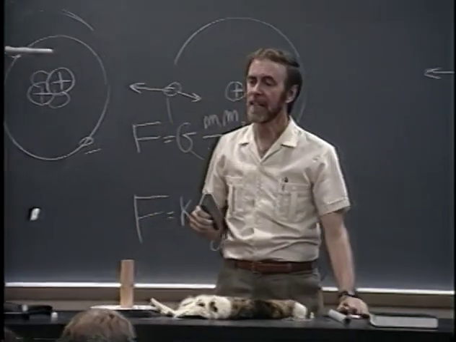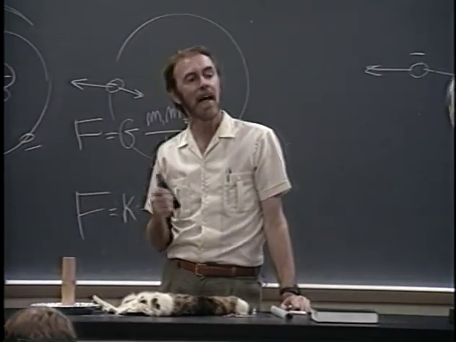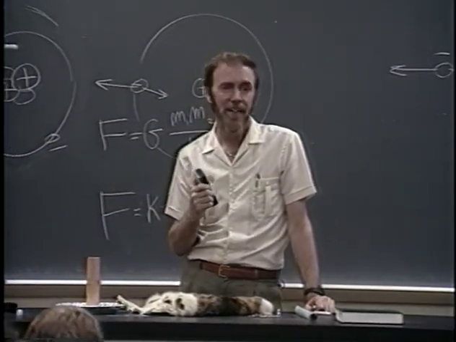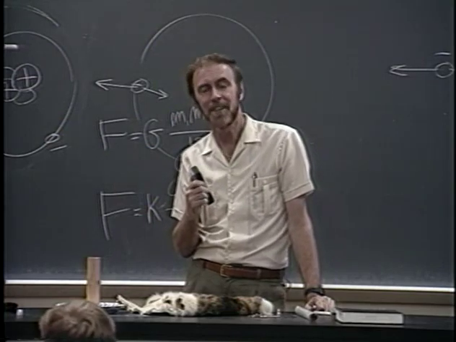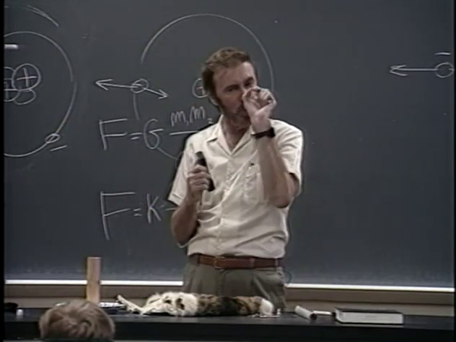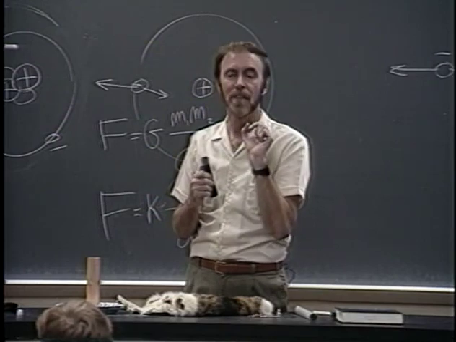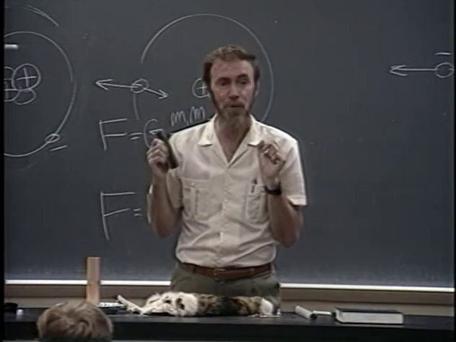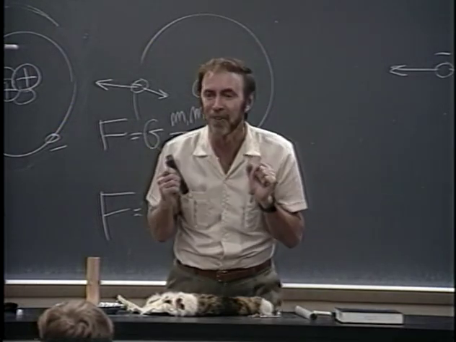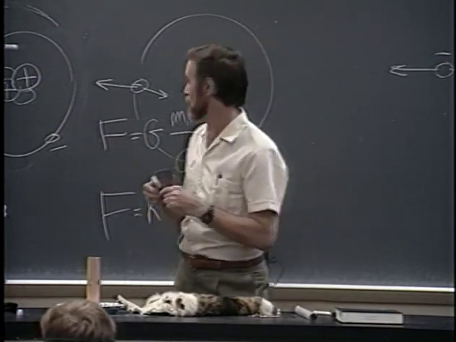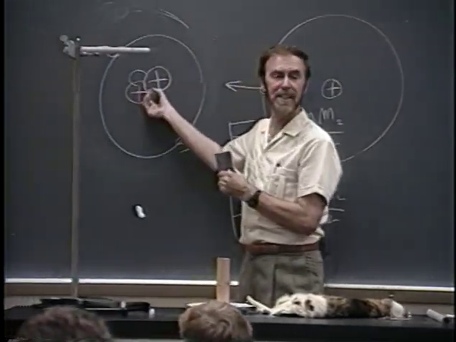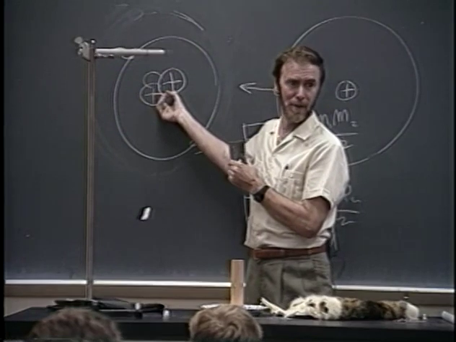Well, it turns out you got to get to the last chapter in the book. And the last chapter in the book, you find out, honey, there's a force even stronger than the electrical force. Yes, there is, but only up close. And that force is called the strong force or weak force? Strong force. It's called a strong nuclear force. And there's a strong nuclear force that holds these things together in spite of the electrical repulsion.